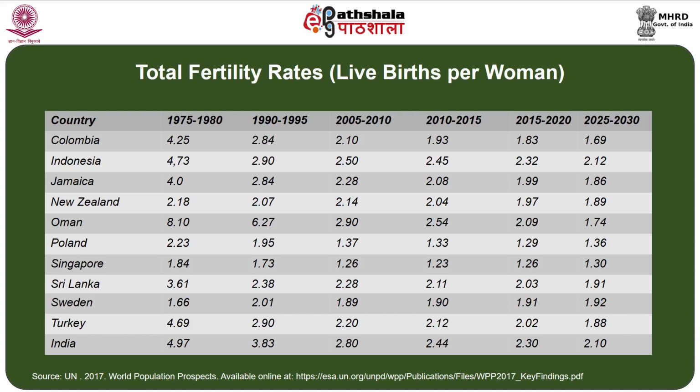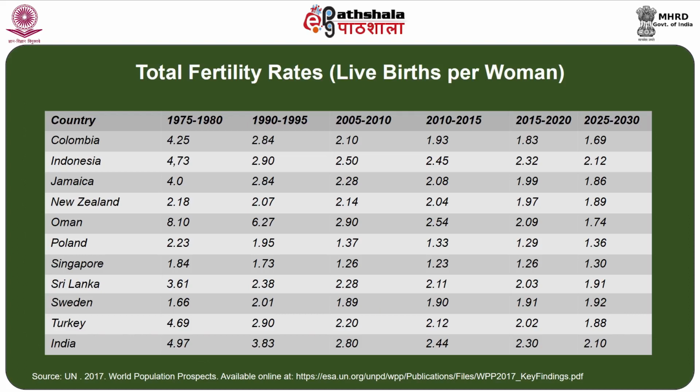Sweden, for instance, as well shows a slight increasing trend over a period of time, that is a TFR of 1.66 in 1975 to 1980 to 1.90 in 2010 to 2015, although there was a slight decrease between 1990 to 95 to 2005 to 2010, and the projection is that it will further increase to 1.92 between 2025 to 2030.